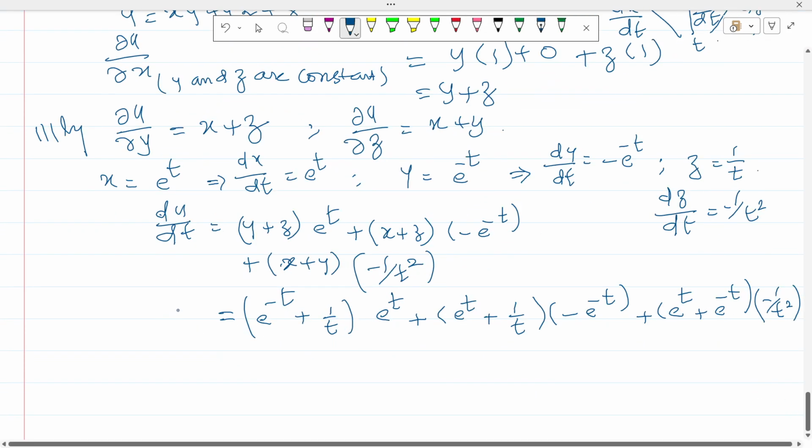Okay, either you can leave it as it is, otherwise you have to multiply and expand this.